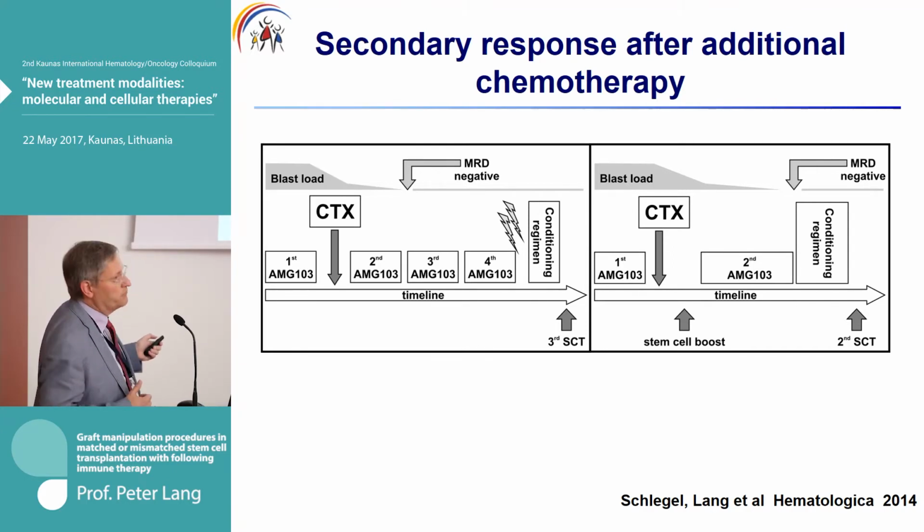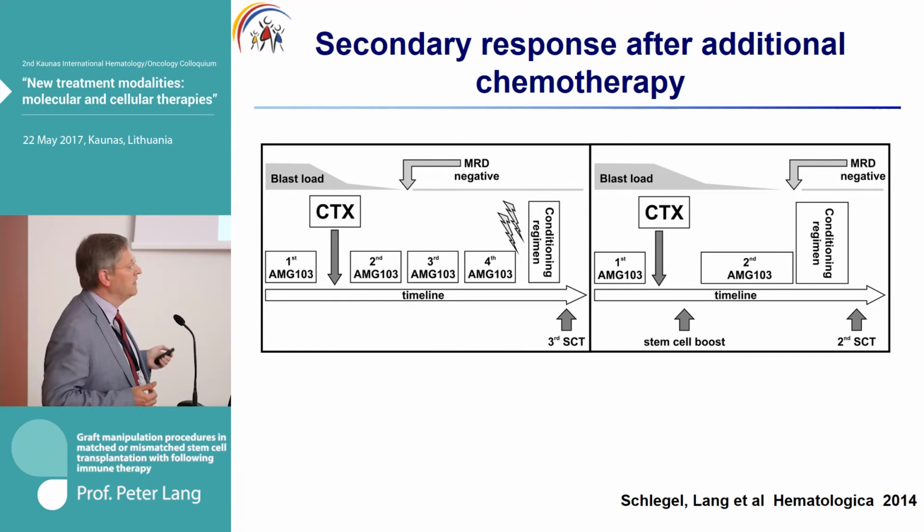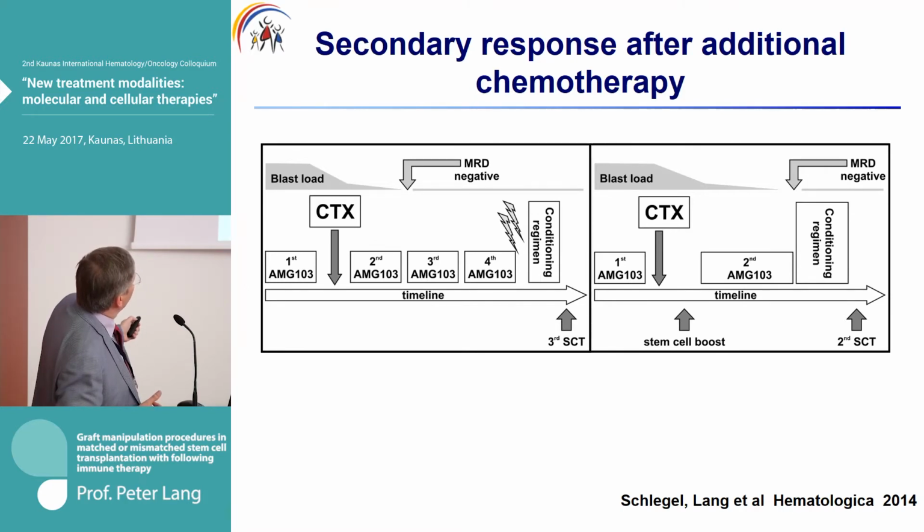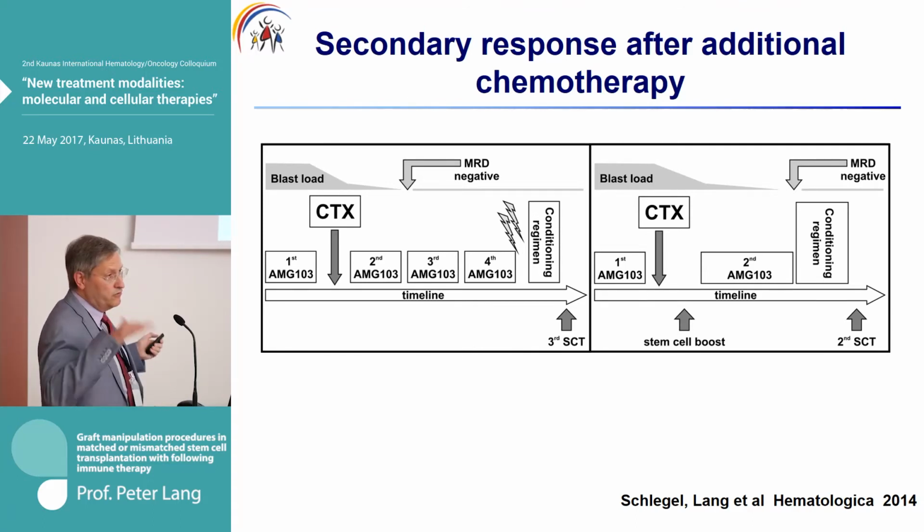The chemotherapy, of course, could not cure the patients, but it could reduce the blast load at least for some time. And afterwards, we started again with the blinatumomab cycles, and with this reduced blast load, it was possible to achieve a complete MRD negativity.